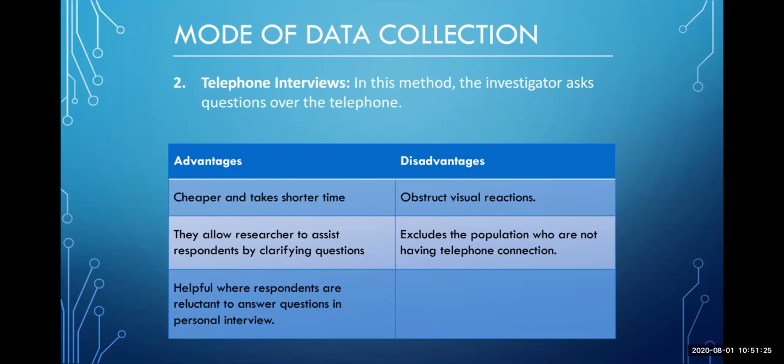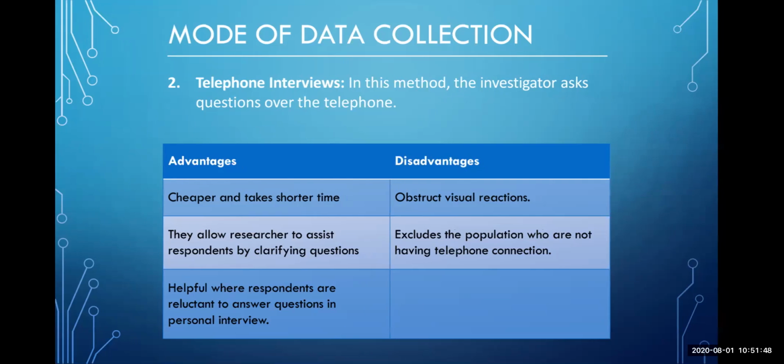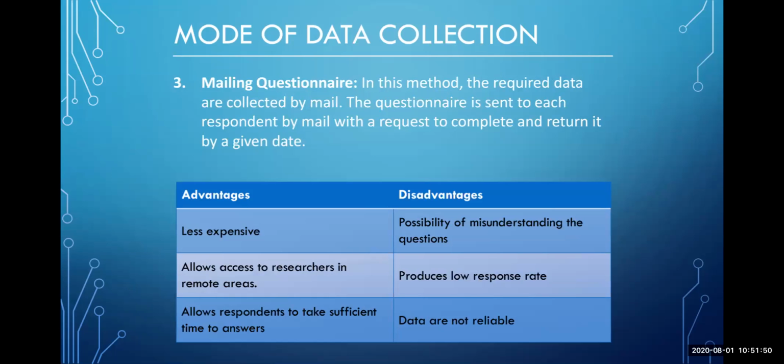Another disadvantage is that it excludes the population who do not have telephone connections. For example, people living in rural or backward areas might not have a telephone connection, so they cannot be covered for conducting research or getting data. The third mode of data collection is mailing questionnaires, which is widely used nowadays.